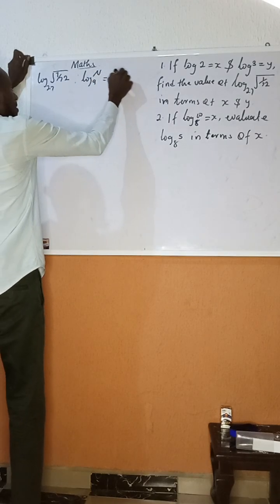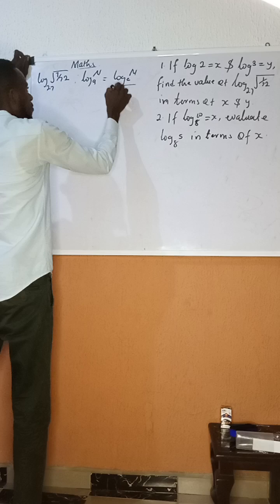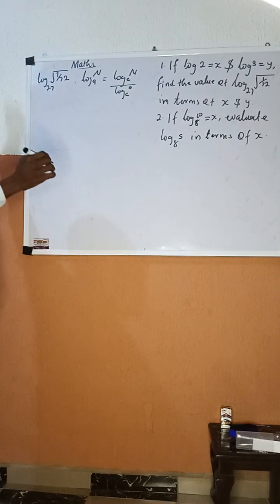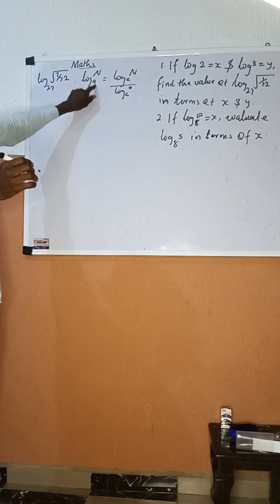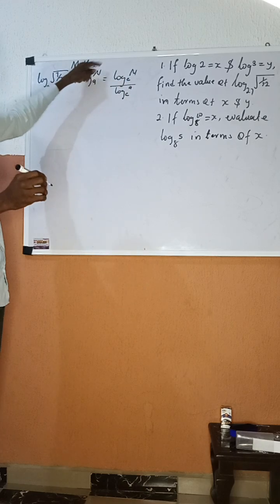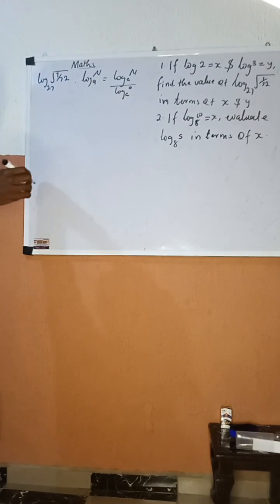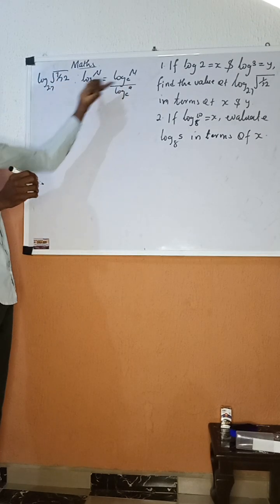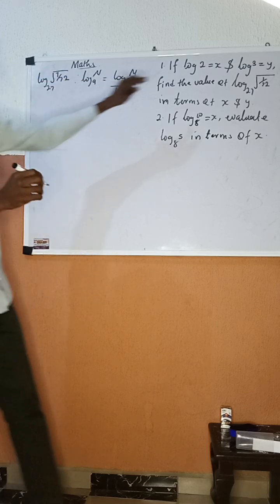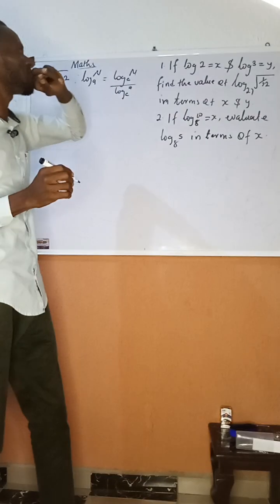This equals log of capital N in base C all over log of A in base C. So we are no longer discussing base A, we are discussing base C, where we are treating this number here as a number here, and equally treating this base here as a number here. So using this approach, I can transform this such that it will involve base 10 to enable me treat this thing in base 10 and equally treat this one in base 10.